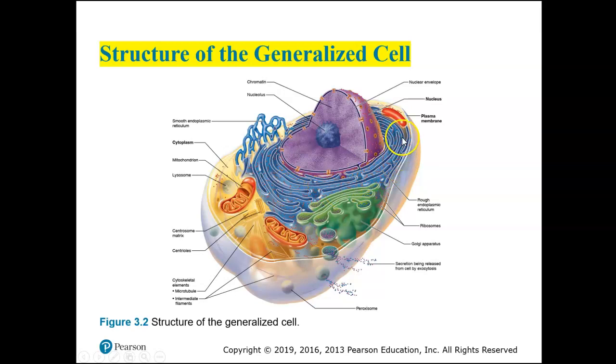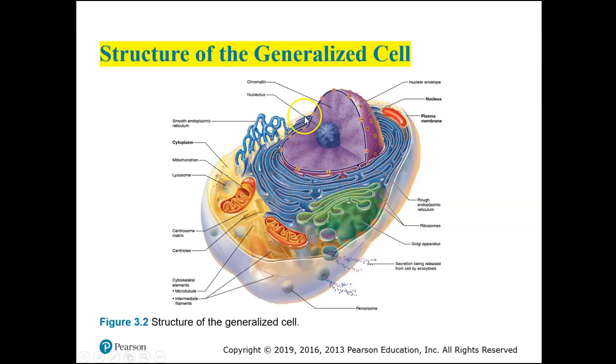So we have the rough endoplasmic reticulum, which is attached to the nuclear envelope. We have the smooth endoplasmic reticulum, which is attached to the rough. And then we have the Golgi apparatus. We have ribosomes that can be free in the cytoplasm or attached to the rough ER.